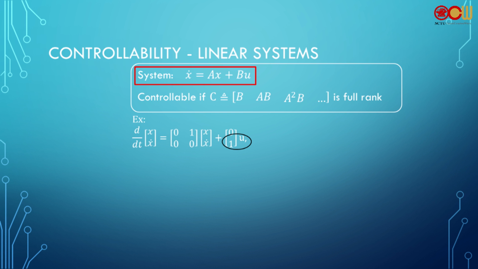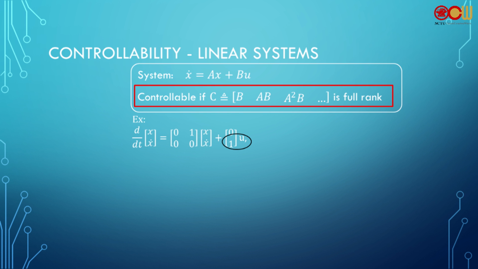Controllability lemma: given a linear time-invariant system, because A and B are assumed to be constant coefficients, the system is said to be controllable if this C matrix, which is the B vector, another vector which is the product of A and B, A squared B, is full rank.